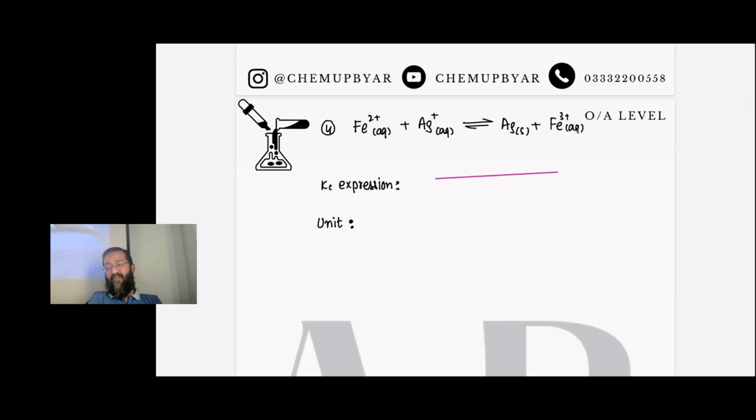So from the products, we have only Fe3+ ions, which are aqueous, and their power goes 1 only because the coefficient is 1.